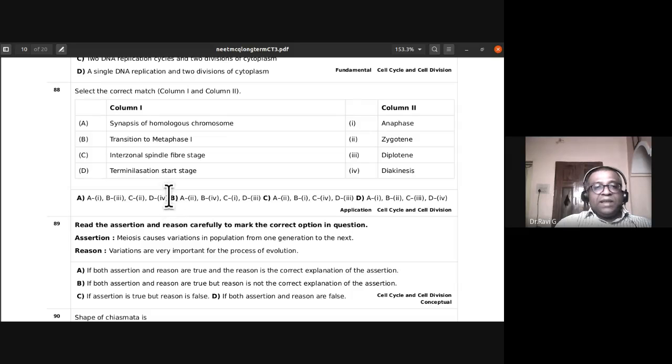So B is the right answer. In the match the following, B is the right answer. Synapsis of homologous chromosomes happens in zygotene. Transition to metaphase 1 happens after diakinesis. Interzonal spindle fiber stage is anaphase. Terminalization starting stage is in diplotene. Okay.